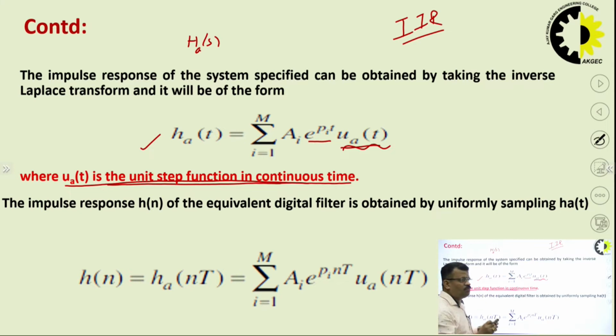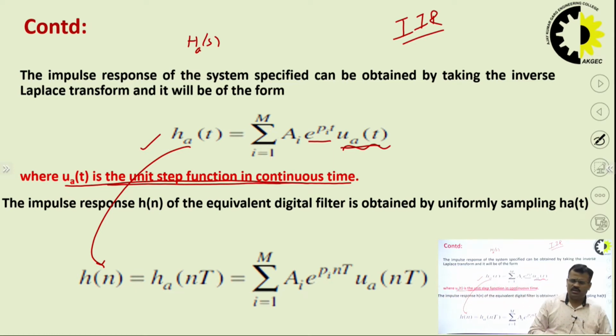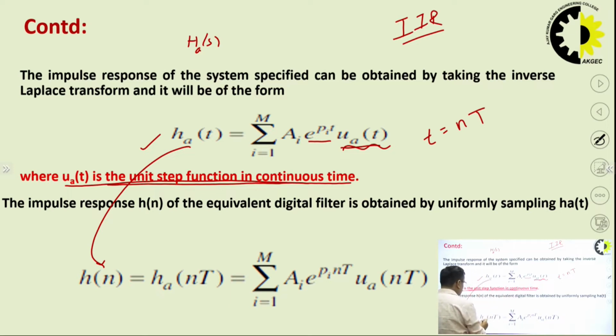It's uniform sampling, or you have to convert this h of t corresponding to h of n. Simply, as I told you, you have to replace small t equal to small n into capital T. So h of n is equal to ha of nT, so ai e to the power pi nT u of nT. So second step I have completed here.